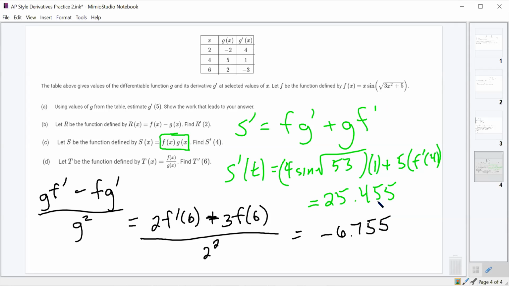That looks good. Did you guys all get negative 6.755? All right. I'm going to trust that that's the right answer. Any issues or questions with that? It's actually not that difficult of a problem overall, as long as you've got a calculator to evaluate them all.